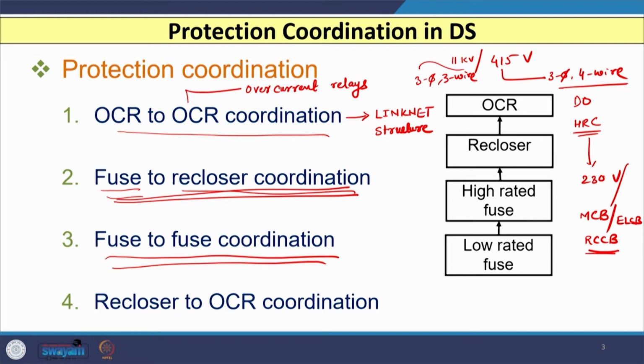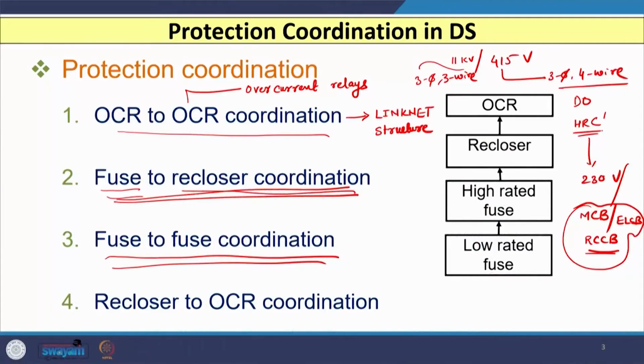Nowadays most domestic consumers use an MCB, and even at 415 volt, instead of high rupturing capacity fuses, most utilities go for an MCCB, that is molded case circuit breaker. So, coordination between two fuses, or coordination between MCB and MCCB, is also very important when we talk about the distribution network.